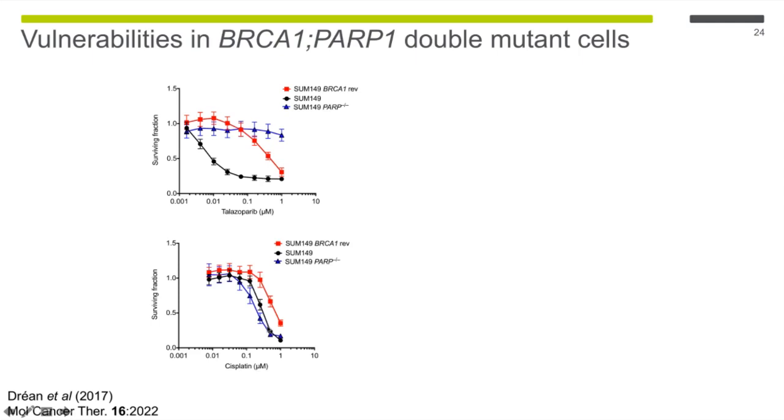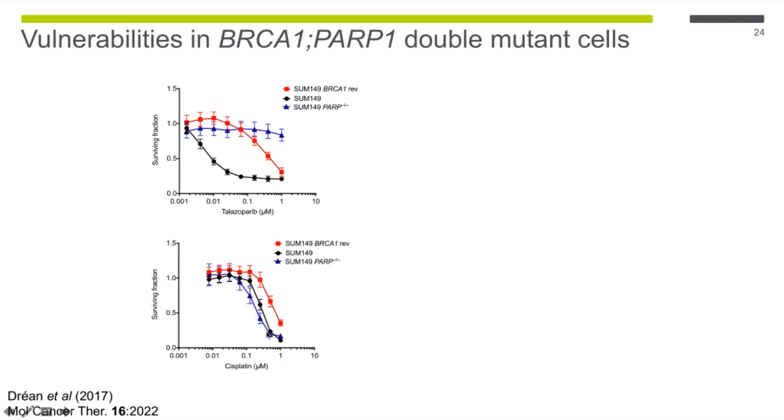So as you can see here, this is showing the response to cisplatin in these same cell lines, and the revertant has also become resistant to cisplatin. So platinum drugs also target homologous recombination deficiency to some extent. But actually, as you can see, the PARP1 mutant here still retains the wild-type sensitivity to cisplatin, or maybe even a little bit more sensitive than the wild type.